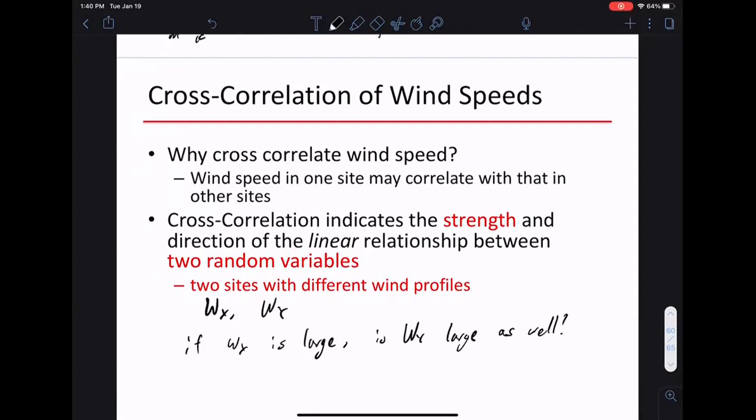This is often an important question we ask in power system operations.